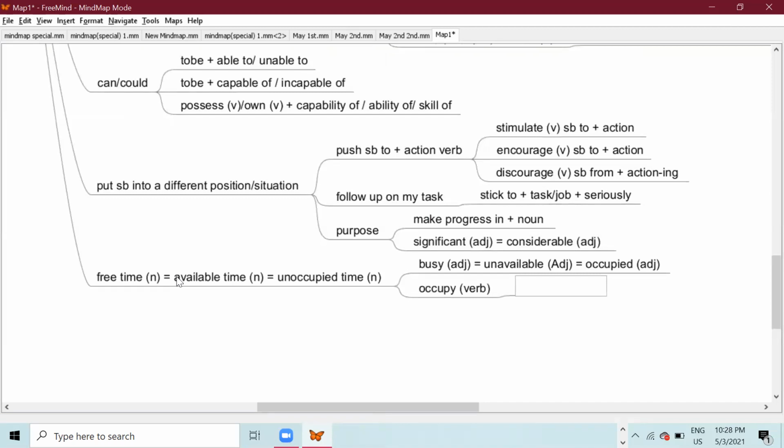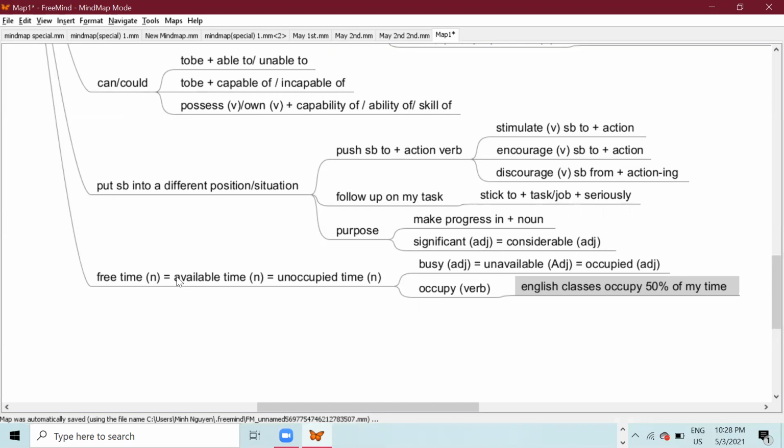For example, you can say that English classes occupy all my time, or 50% of my time. If you say so, people are going to understand that 50% of your time is spent on studying English.